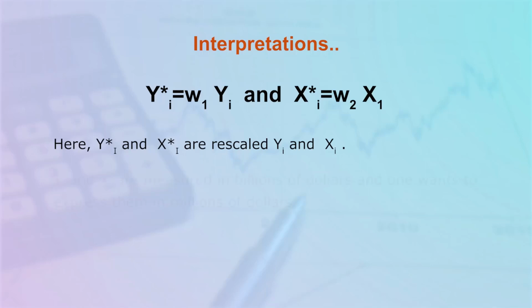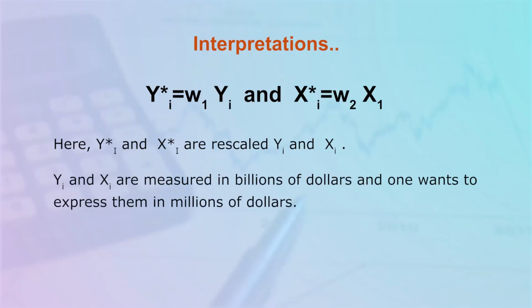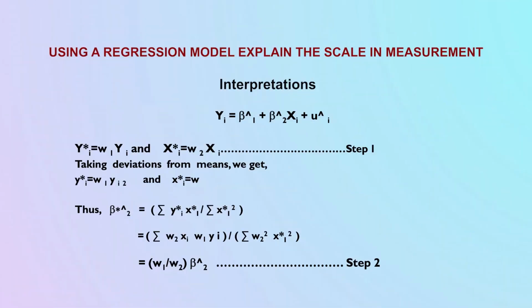We observe yi and xi are measured in billions of dollars as we started with, and if we want to express them in millions of dollars, then we will have yi star as 1000 into yi and xi star as 1000 into xi. Here W1 and W2 are the same but may be different in some cases, and thereby both the dependent and the independent variables are rescaled as per the weightage of W1 and W2.